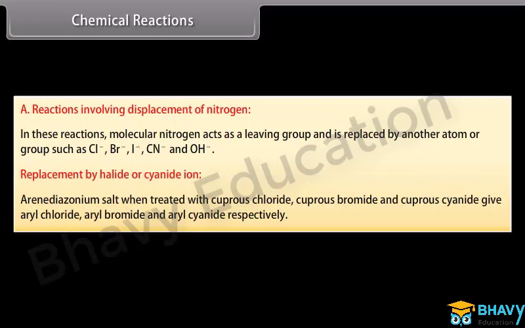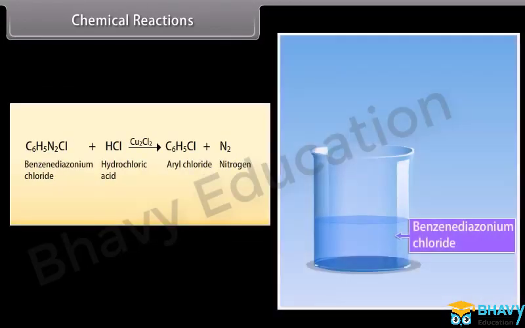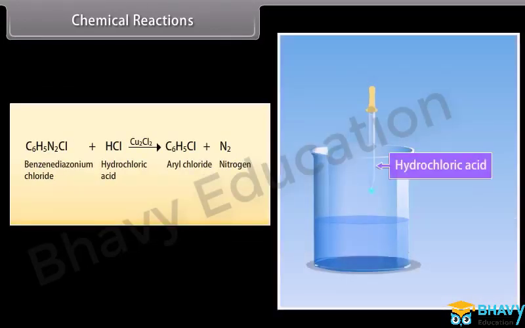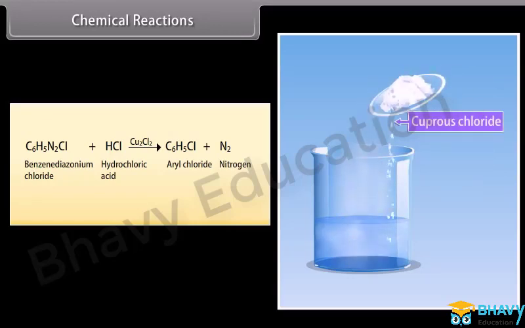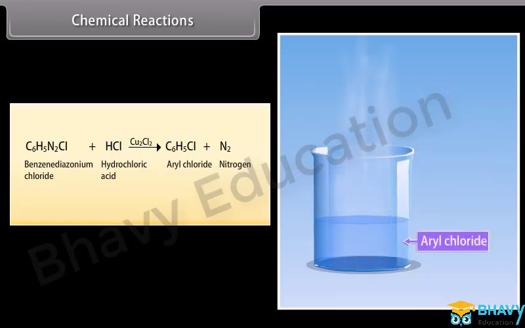Arene diazonium salt, when treated with cuprous chloride, cuprous bromide and cuprous cyanide, gives aryl chloride, aryl bromide and aryl cyanide respectively. Benzene diazonium chloride reacts with hydrochloric acid and cuprous chloride and yields aryl chloride and evolves nitrogen gas.